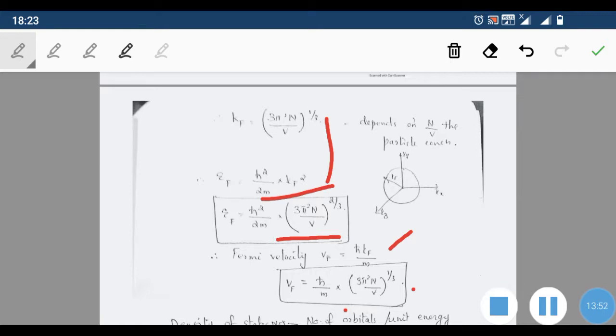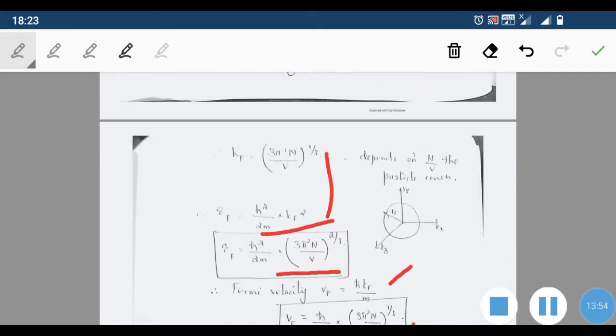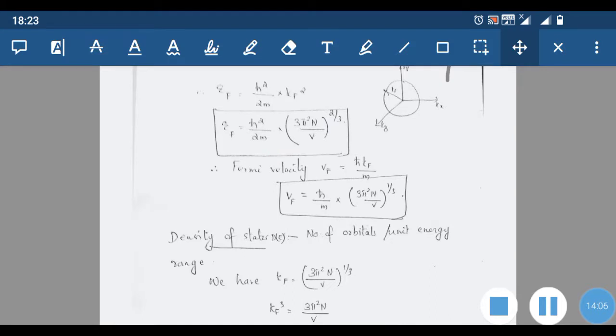So this is an important expression in the case of a 3-dimensional box or 3-dimensional solid. Kf is related to n and V like this, (3π² n by V) raised to 1/3. From this we have calculated that the Fermi velocity will be equal to ħ by m into (3π² n by V) all raised to 1/3.